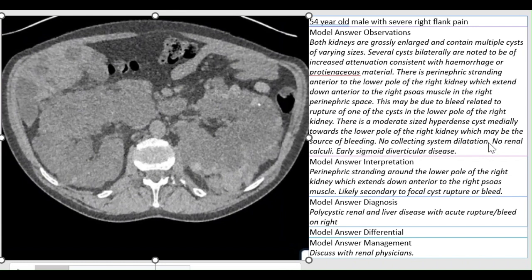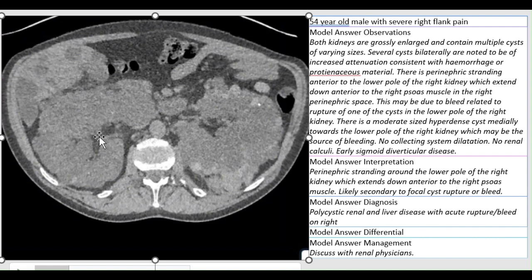No collecting system dilatation and no renal calculi. As you can see here, there is no dilatation of the proximal ureters, no dilatation of the renal pelvis, indicated by the presence of the renal sinus fat.